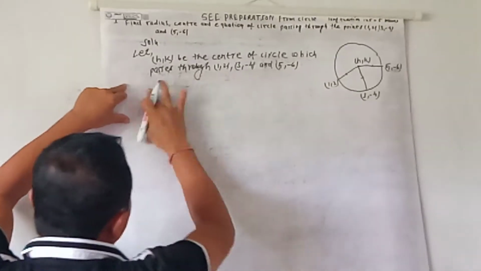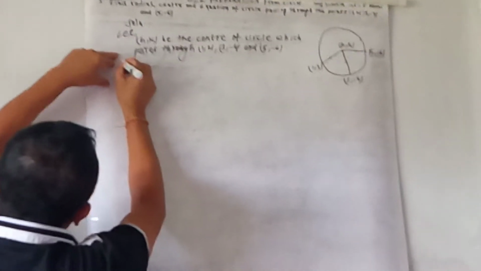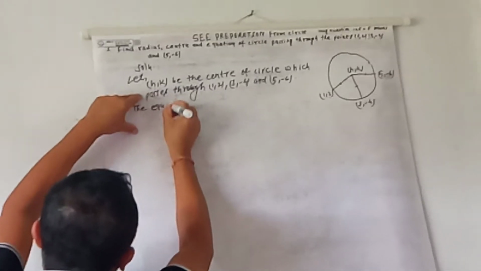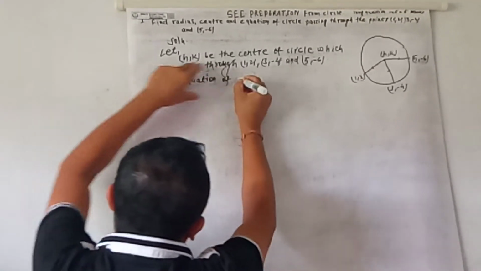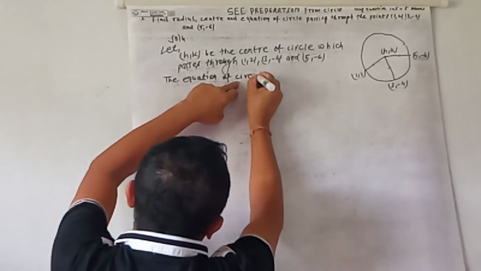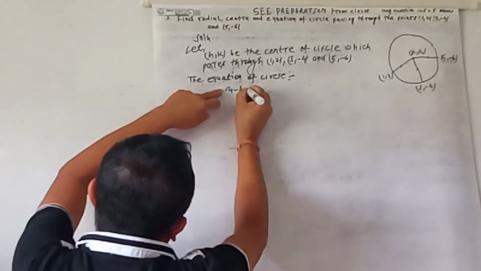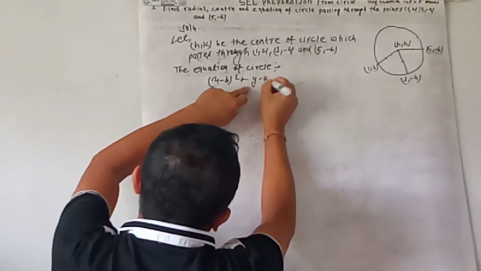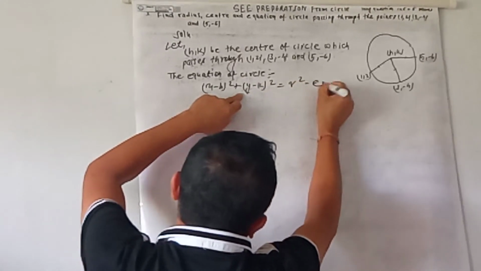The formula we have studied is the equation of a circle with center and radius: (x minus h) whole square plus (y minus k) whole square is equal to r square.